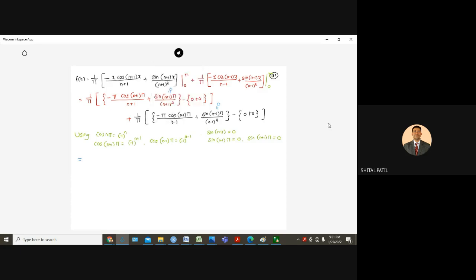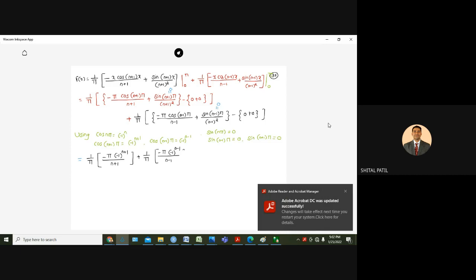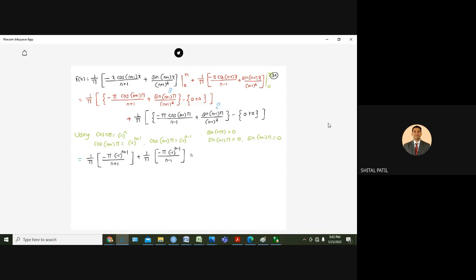So 1 upon pi, minus pi, minus 1 raised to n plus 1 divided by n plus 1. Remaining all terms are 0. So this pi will cancel. Pi will cancel.